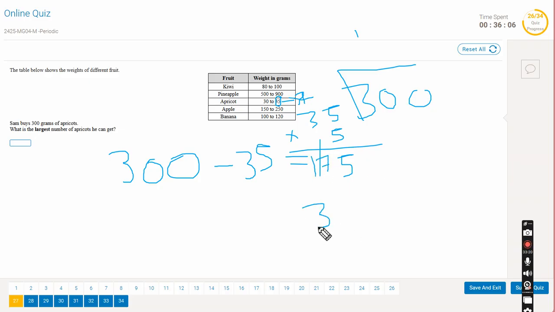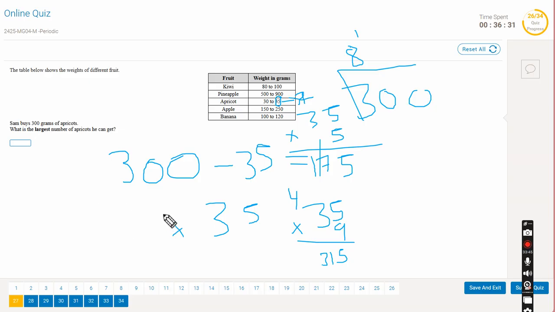Okay, that's too small. So 35 times 9. 9 times 5 is 45. 5 here, 4 up. 9 times 3, 27. 315. Right, so 35 times 9 is too big. And you'll be getting 9. Sorry, 8. Because that's the number that will be smaller.